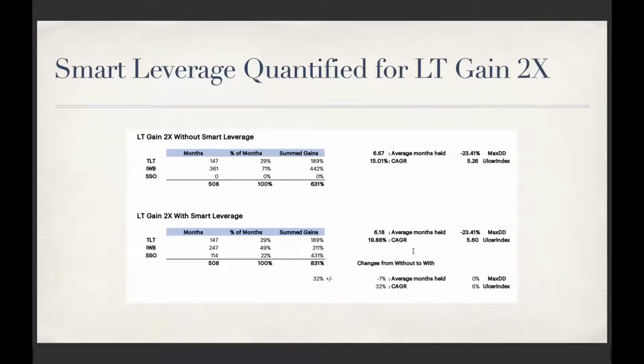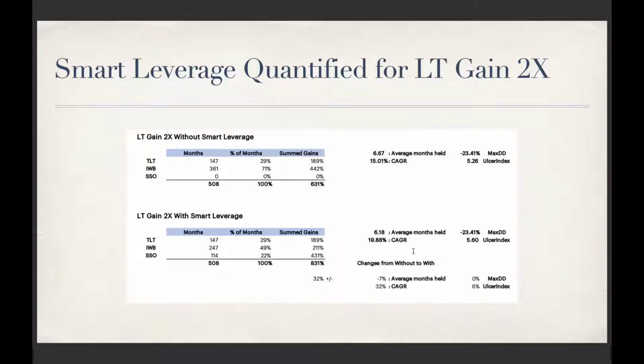When we throw smart leverage into the mix, the treasury stays 29%, no difference there. But now 22% of the time, we are in SSO, 2x S&P, and the remaining 49% we're in 1x.